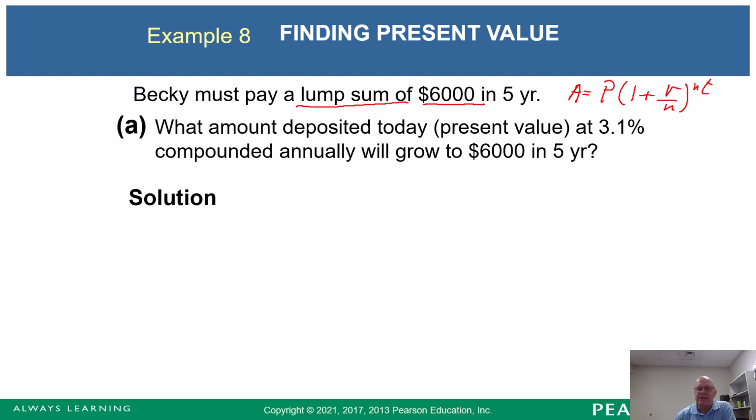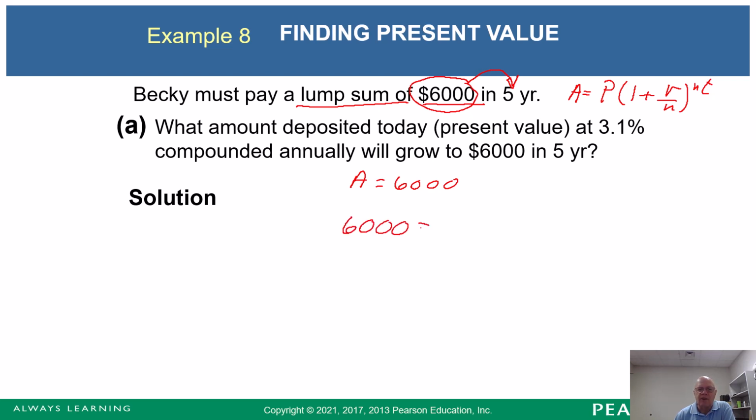The thing here is, we want $6,000 5 years from now. So where is the 6,000? A is the 6,000. So our formula looks like this.